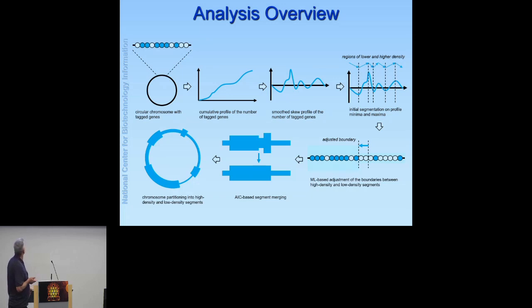After this, we end up with the chromosome partitioned into high density and low density segments with respect to tagged genes. Very, very general overview.